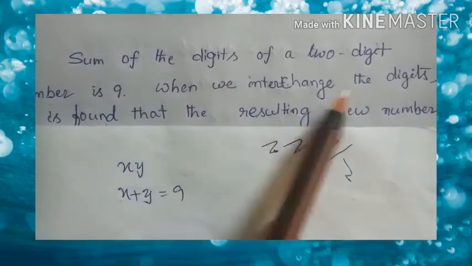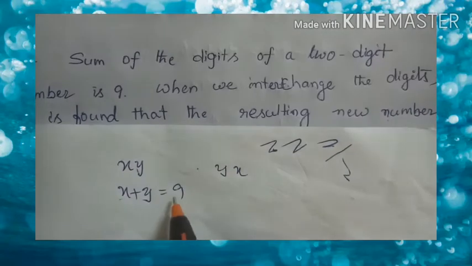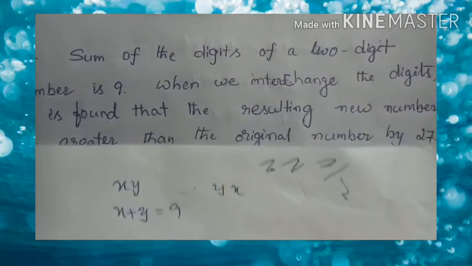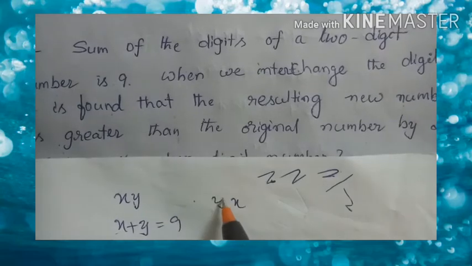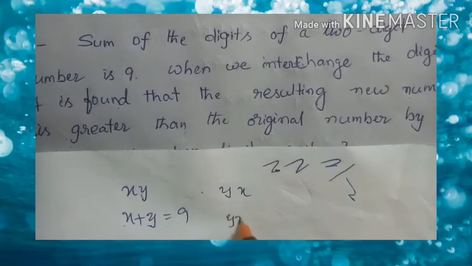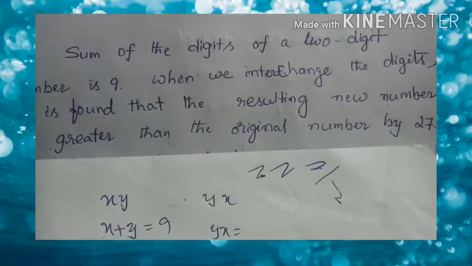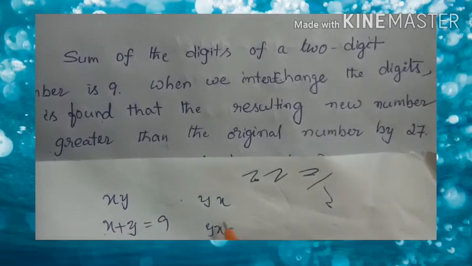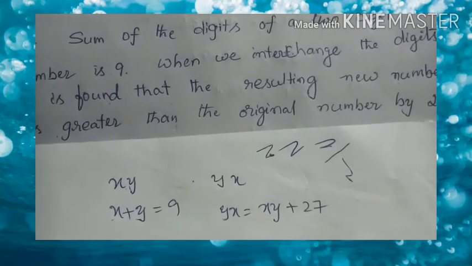Next, when we interchange the digits, it becomes yx. The resulting new number is greater than the original number. So the new number, yx, is 27 more than the original number. That means xy plus 27. Yes or no?